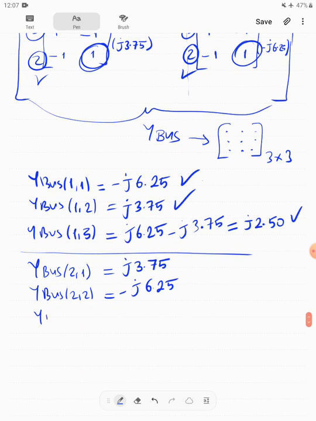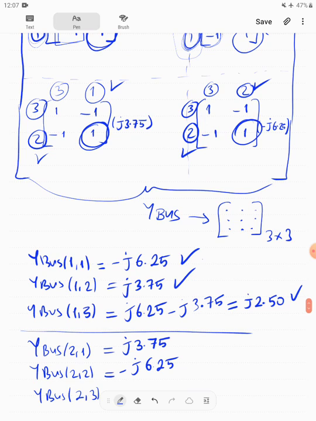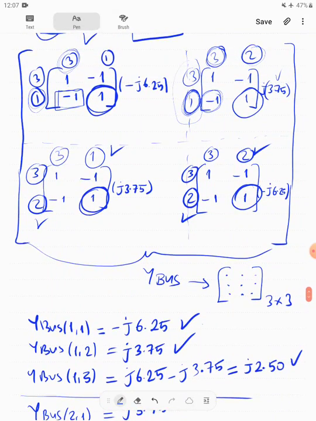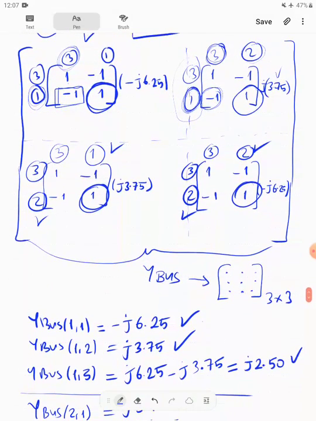What about Ybus 2,3? Yes, I see more than one 2,3 entry. This is the first one, and that's the second one.